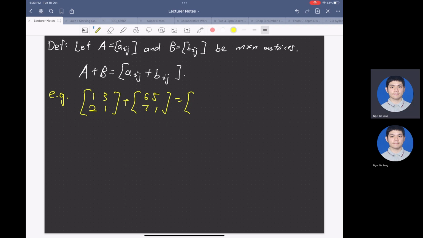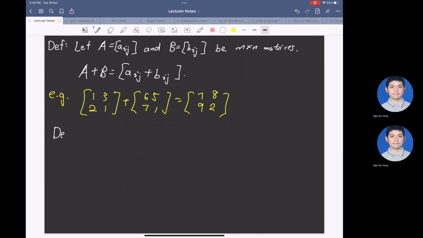What is A11? It's 7, 8, 9, and 2. Good, I think this one is easy for you.